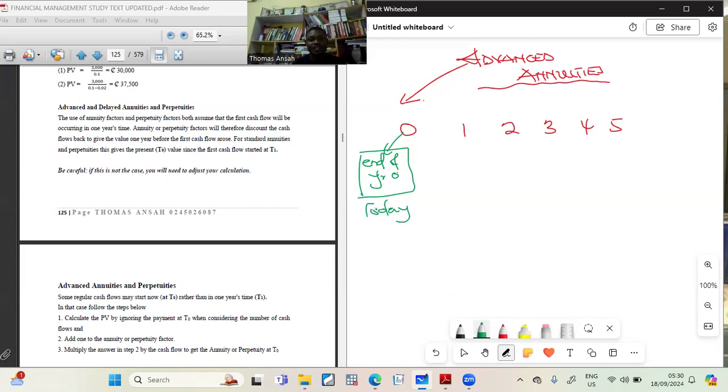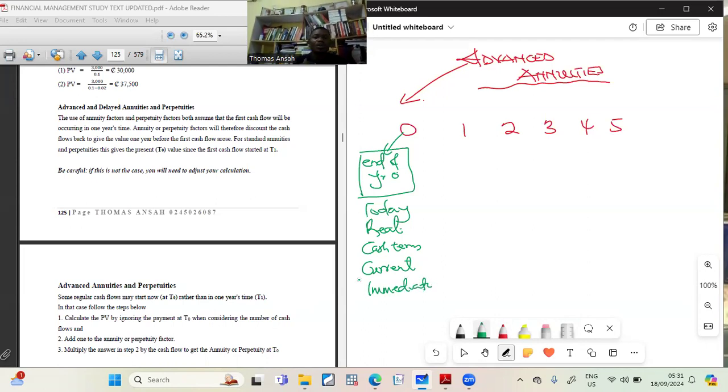It means the investment is done today, so you don't need to present value it because you are already in the present. You are making the investment decision today. It is also called real. It is also called cash terms because today is cash. It is also called current. It is also called immediate.